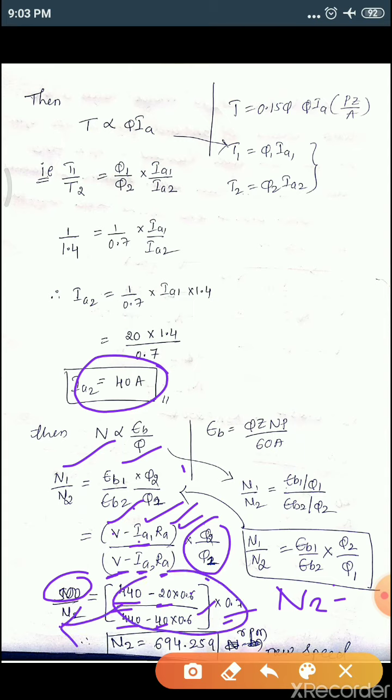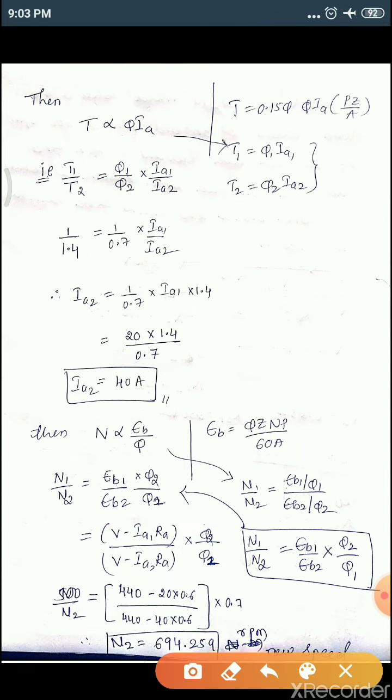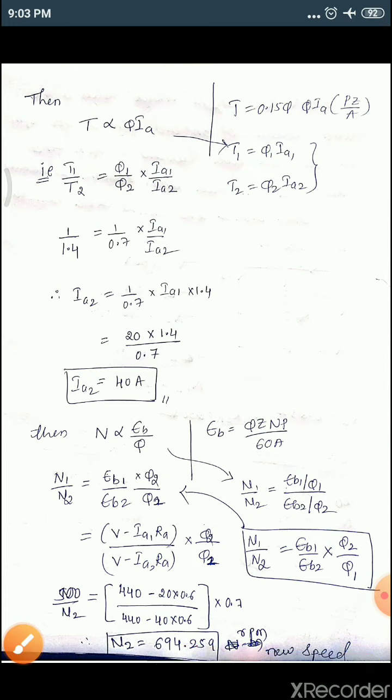If you calculate N2, you will get 694.259 rpm. This is the new speed of the motor.